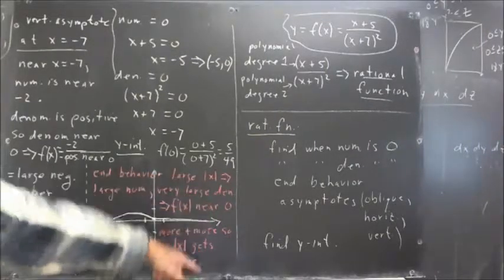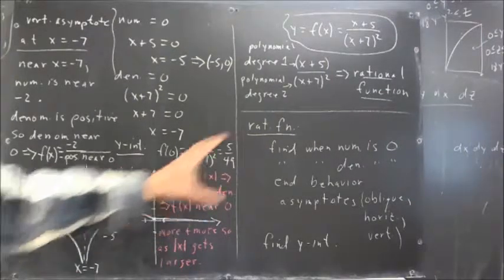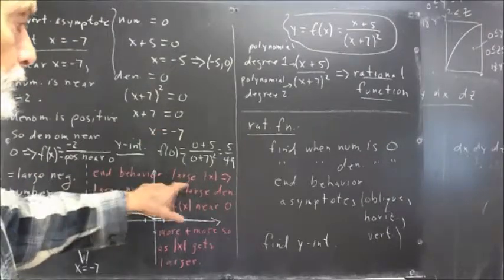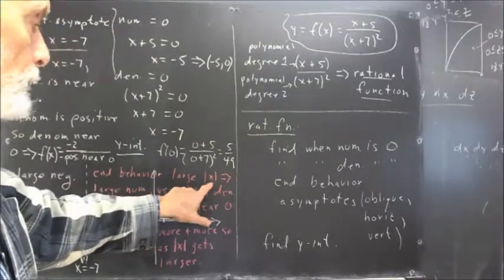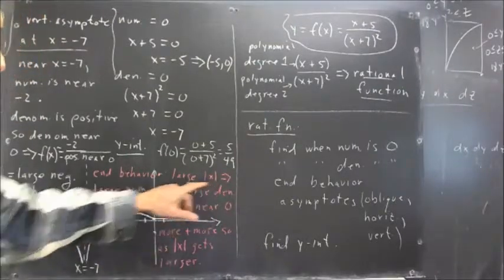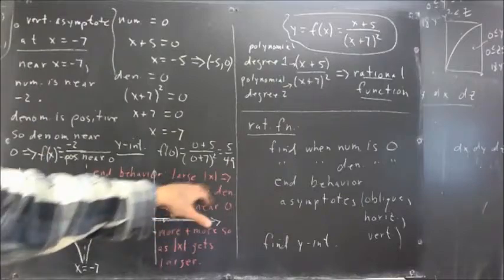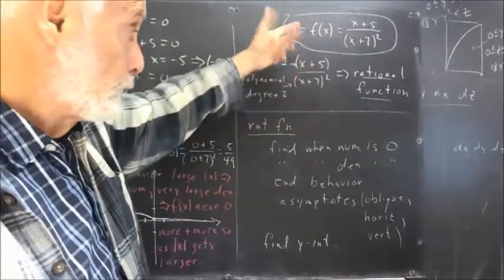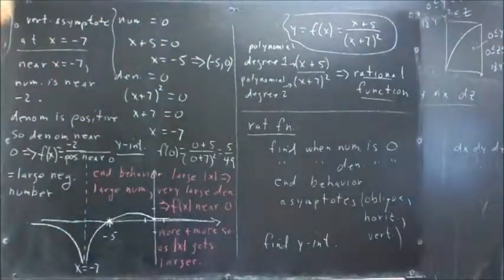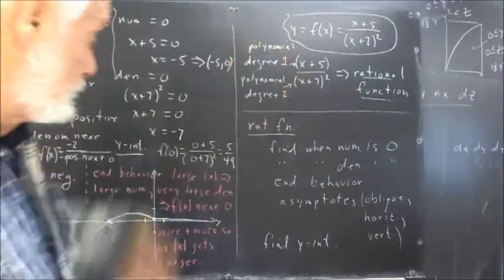Now I've written in a comment here that kind of summarizes what I just said. End behavior means if you have x of a large magnitude, the absolute value of x is large. If the absolute value of x is large, it's so big that the 5 and the 7 don't really make much difference. You essentially have x over x squared. So you have essentially 1 over x.